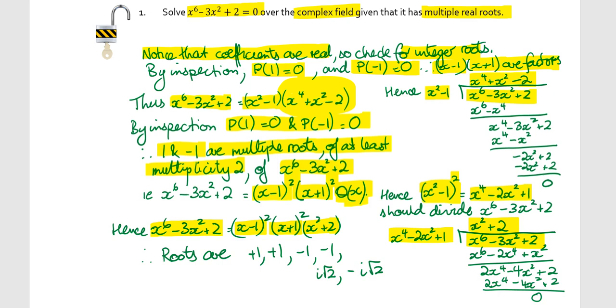So that gives us all of our roots as plus 1, plus 1, minus 1, minus 1, i root 2 and minus i root 2. So what you can see is that it didn't really make it quick to find the roots of an equation to the power of 6, but it was just a backup plan, one little fact which we could build upon to help us do what's quite a difficult problem.